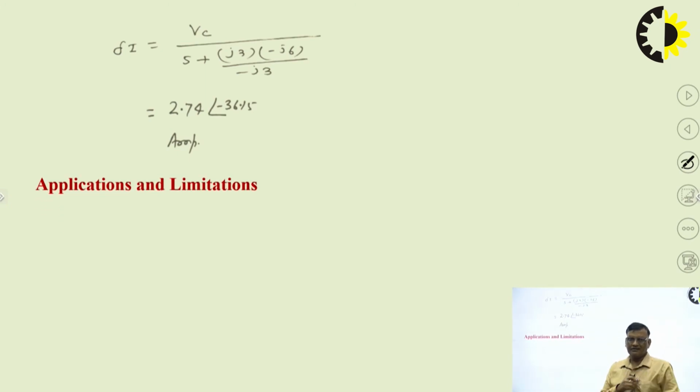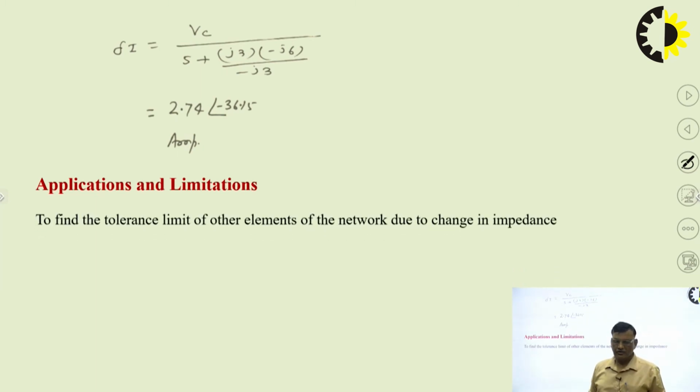Now, what are the applications and limitations? To find the tolerance limit of the elements of the network due to change in impedances. We have seen that whenever a change takes place in one branch, the currents of other branches change. If the network is resistive, then there will be I square R losses, so a lot of heat will be developed and the temperature of the circuit will rise.